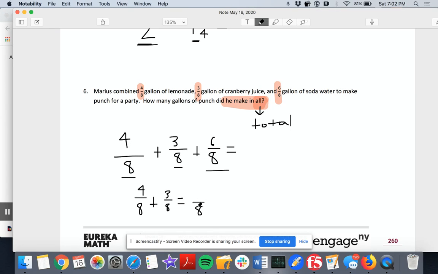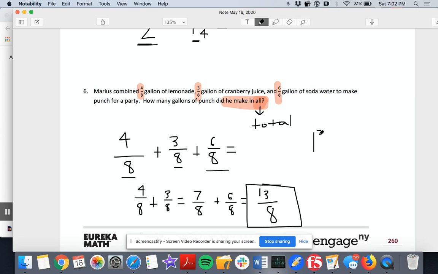Denominator stays the same, and I have 4 plus 3 is 7 over 8. And then I cannot forget about that 6 over 8. Once again, denominator stays the same. And I know that 7 plus 6 is 13. So that means that essentially Marius made 13/8 of punch.